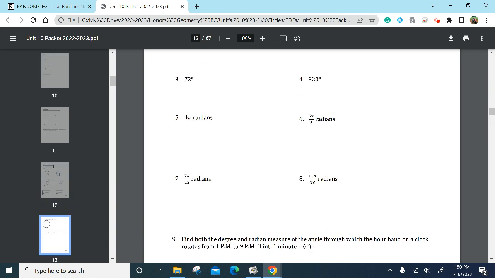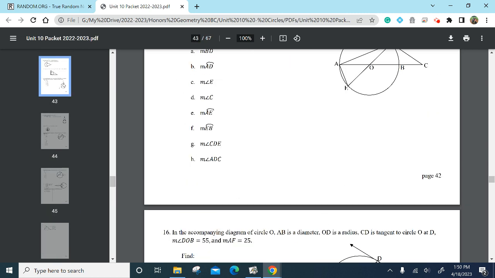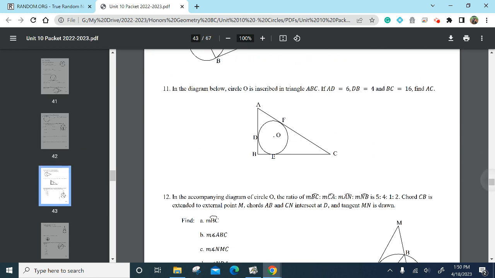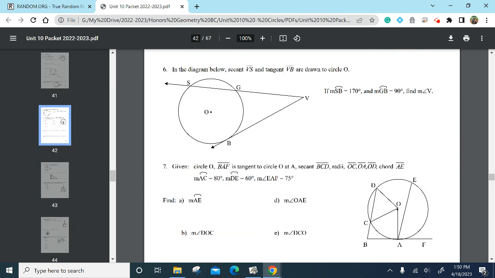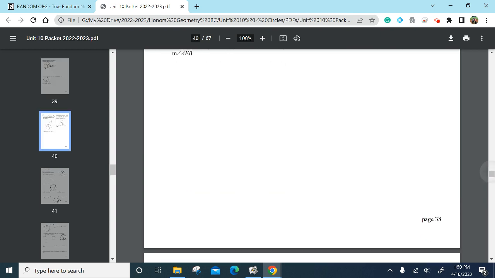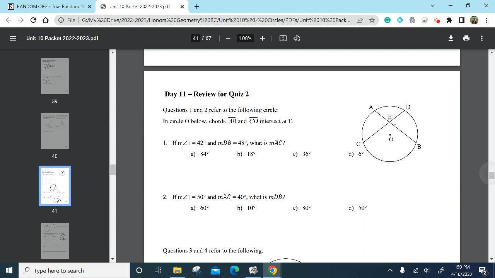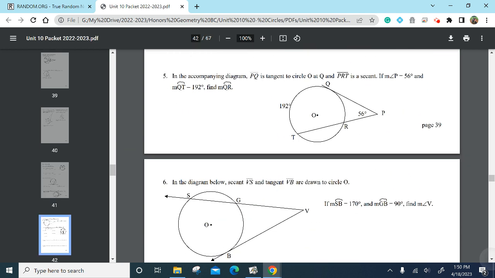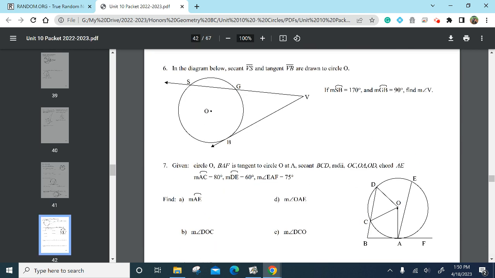It's angle B. Yeah, that's my fault. I already solved the problem. I'm already here, so I'm finishing the job. Page 40. Find angle B. The answer's 40. There we go.